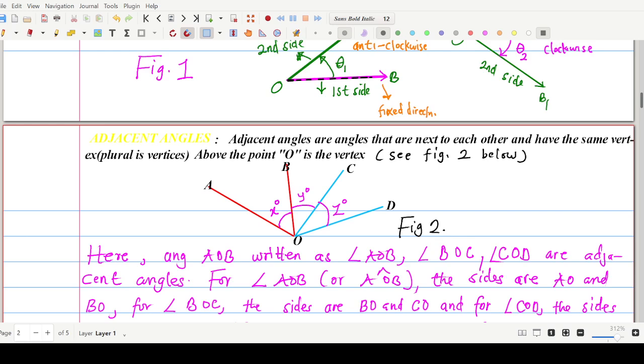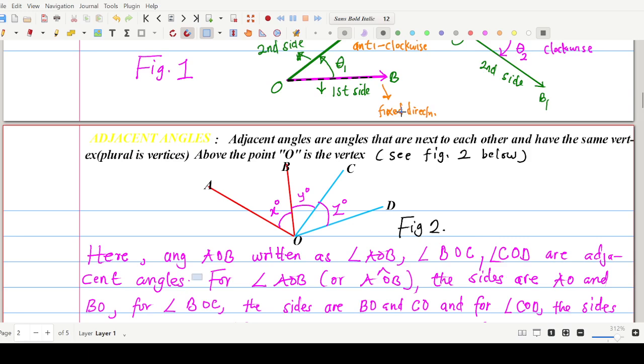Now, when we want to name an angle by using letters of the alphabet, we ensure that the vertex is at the middle in the order of naming. For example, look here. You either name it angle AOB or you can also name it angle BOA, provided the vertex is at the middle and the sides are involved in the naming.